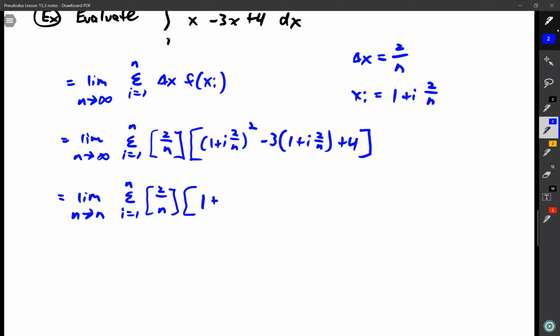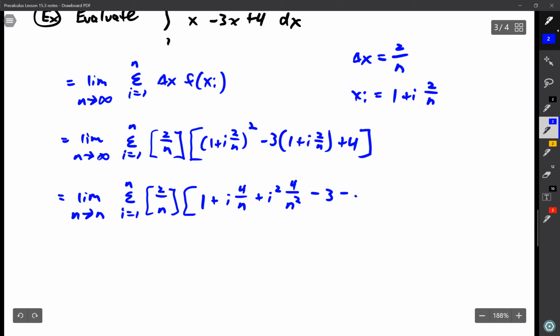So an i 2 over n plus another i 2 over n is i 4 over n. And then plus, now I square this last term, so that gives me an i squared 4 over n squared. Okay? Minus 3 minus i 6 over n. And I have this plus 4 hanging out still.